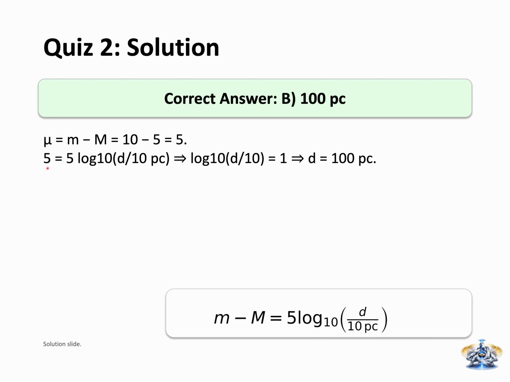Then set it equal to 5 times the base 10 log of distance over 10 parsecs and solve, which gives us d equals 100 parsecs. The key move: the logarithm turns into a power of 10. Once you spot that, the problem becomes simple.